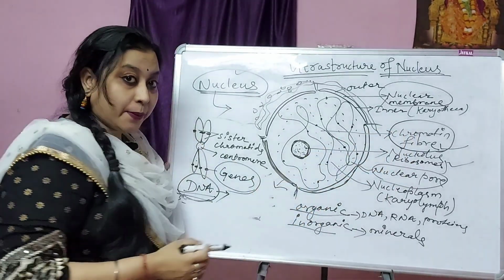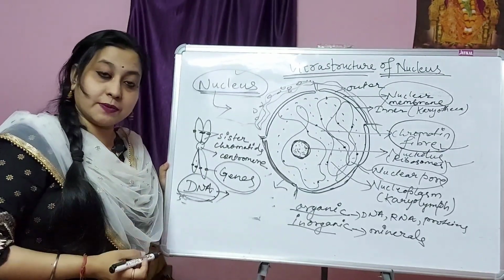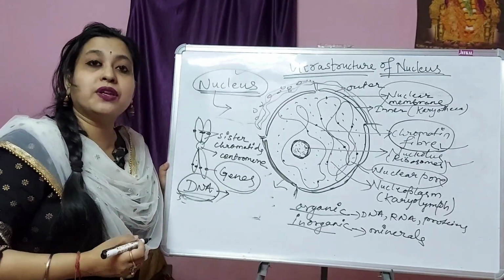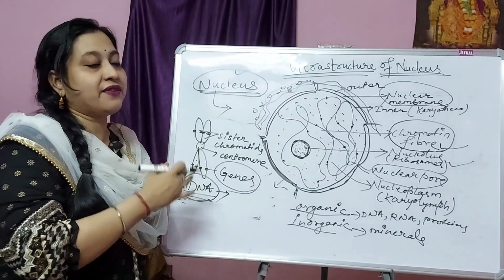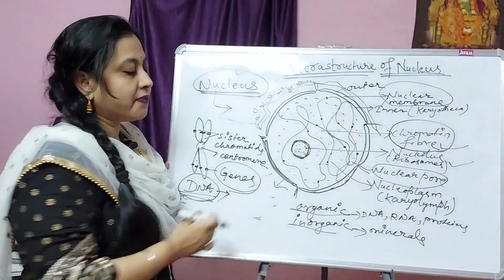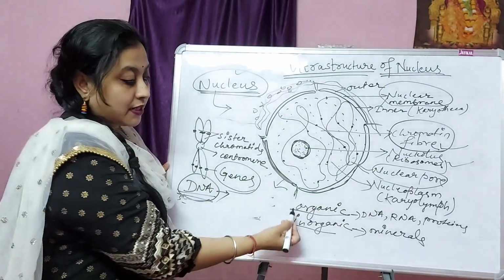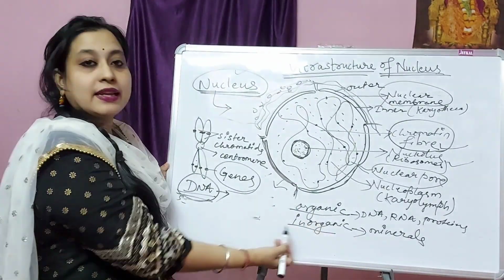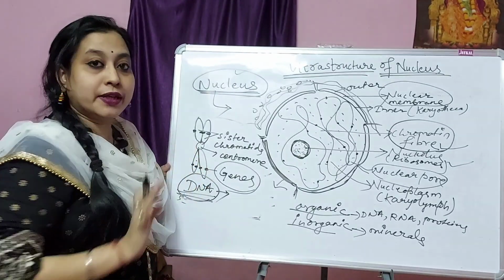Then the chromatin fiber, which takes part in cell division and is made up of DNA and protein. Which protein? Histone protein. Even non-histone proteins are there. That part I will discuss in the cell division chapter. And the last, nucleoplasm, which contains many substances like organic and inorganic substances. So this is all about the structure of nucleus.